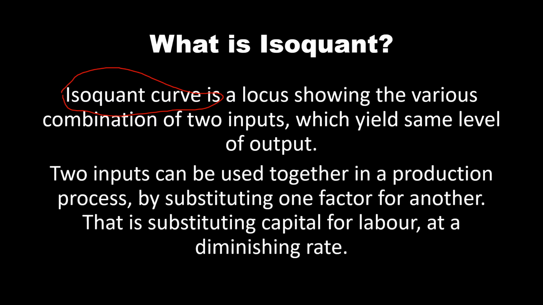And these two inputs can be used together in the production process by substituting one factor for the other. So while we are producing, we have to substitute one factor for the other in order to produce a specific amount of output, and that is substituting capital for labor at a diminishing rate.